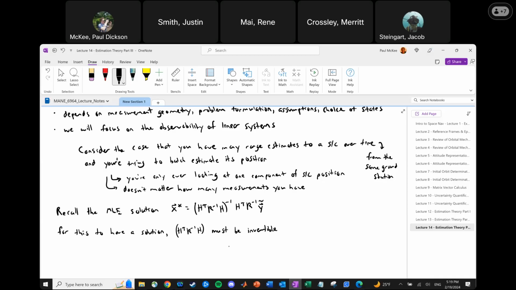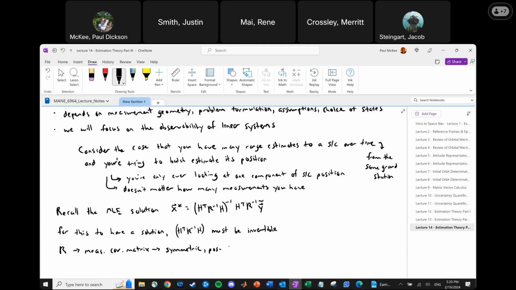Now we know R, which is the measurement covariance matrix, is a square matrix. It's symmetric, positive semi-definite, per the definition of that matrix.